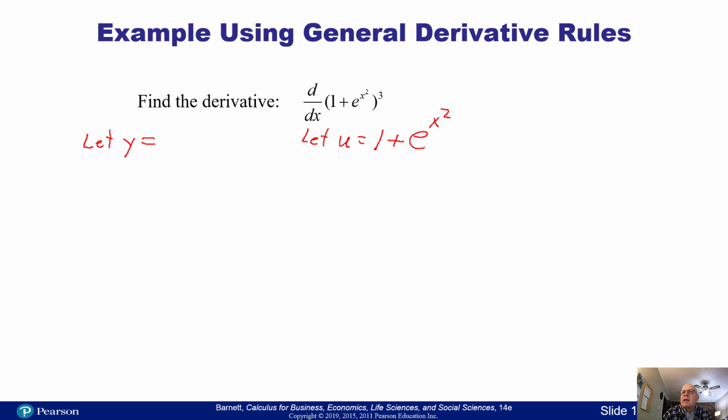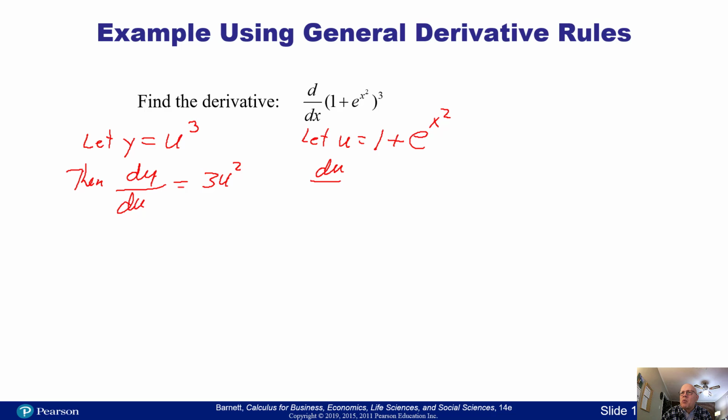So the y is just u cubed. It's easier to work with those. So then, dy/du equals, that's easy, 3u squared.